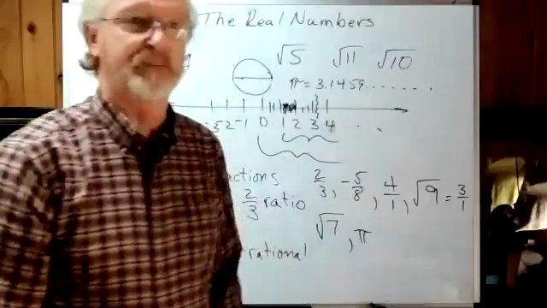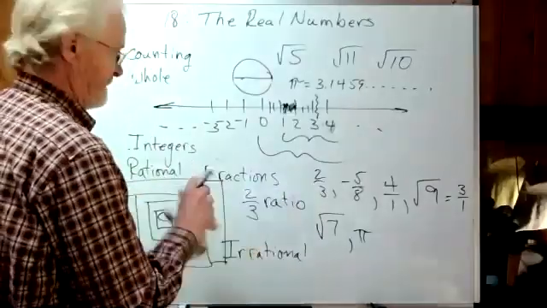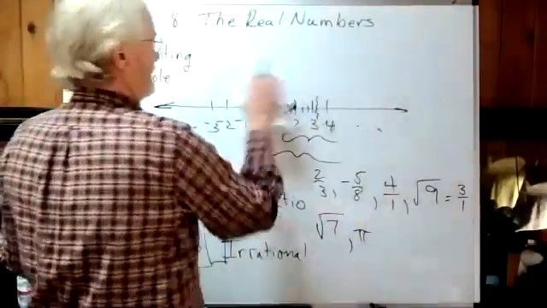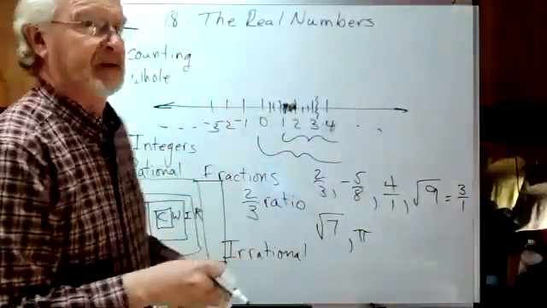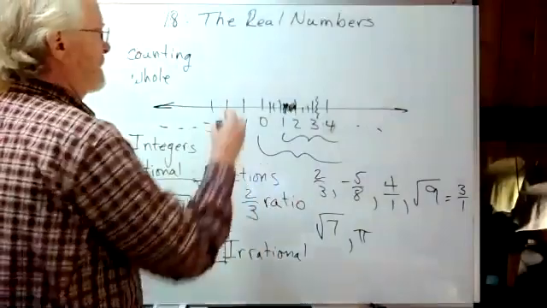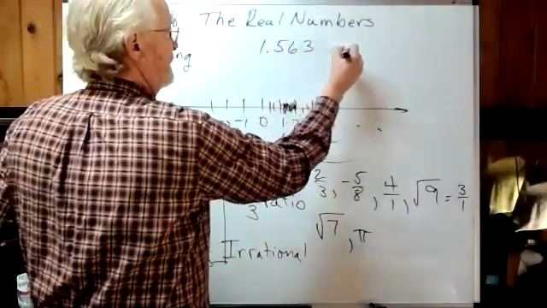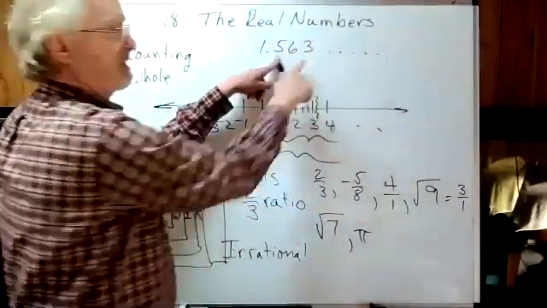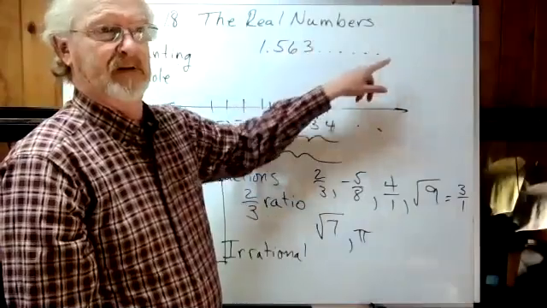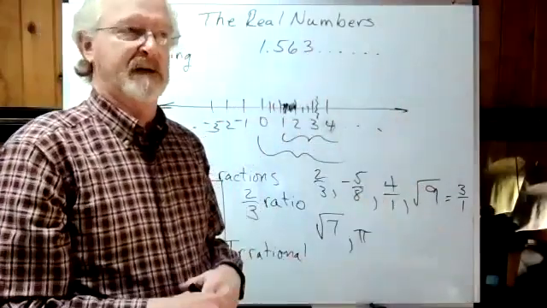There are lots of irrational numbers. We can make some up. Anytime you get a decimal that doesn't have a pattern, or doesn't stop, meaning it never works out evenly, it's an irrational number.